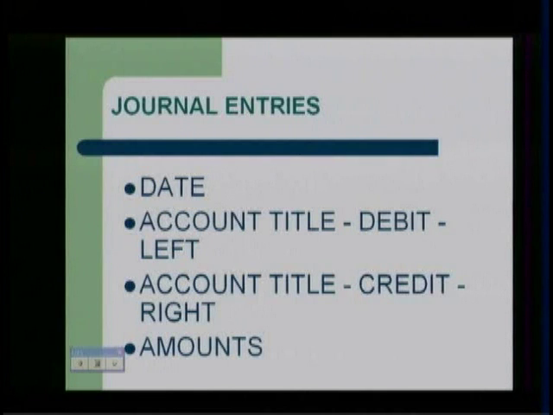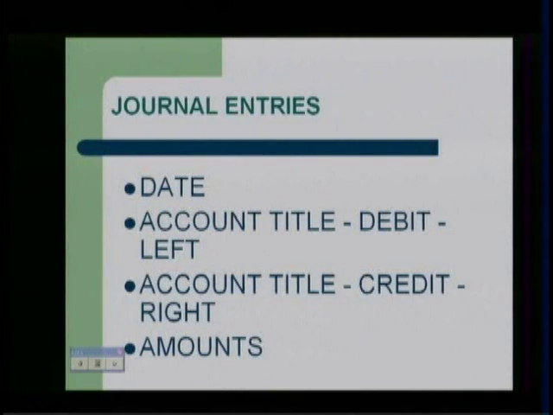You're going to have an account that is debited. It'll be on the left side. You'll have an account that is credited. It will be indented a little bit to the right, almost like a paragraph indentation. Then you will have some amounts, both a debit, which will be on the left side of the journal, and a credit, which will be on the right side.